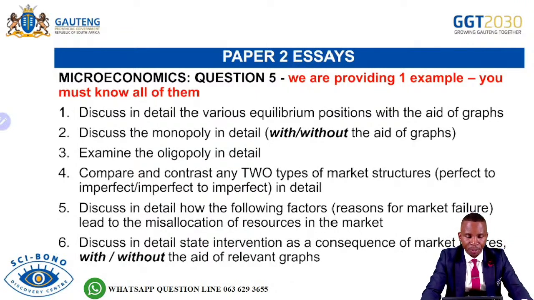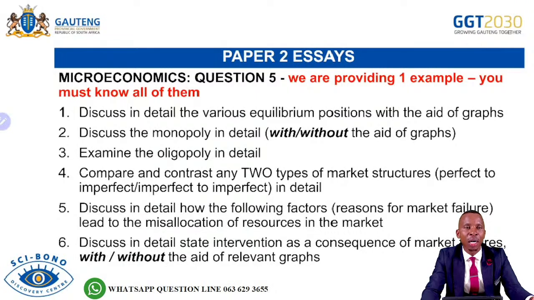So note that. Discuss the monopoly in detail with or without graphs. It is very important for you to know all characteristics of the monopoly. Remember, in the monopoly there is only one seller supplying a unique product. Products are unique or heterogeneous. And then there are high barriers to entry in there. There's only one supplier. Also, we don't have any perfect substitute in there.